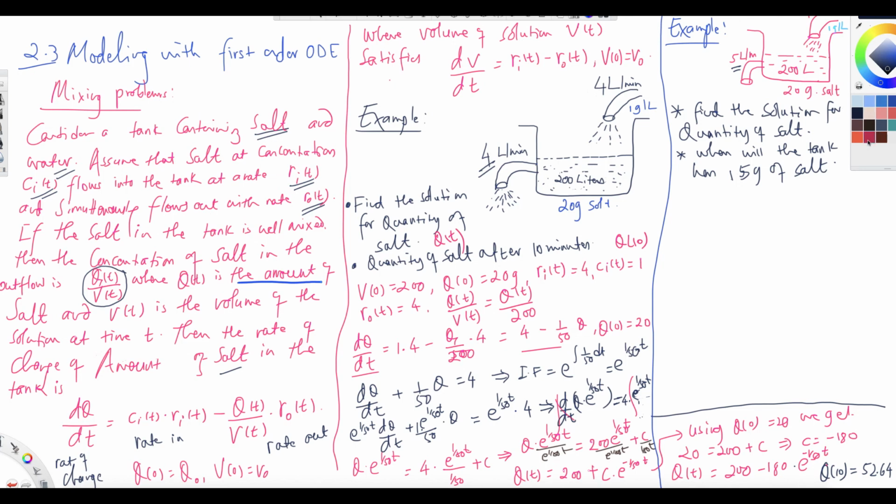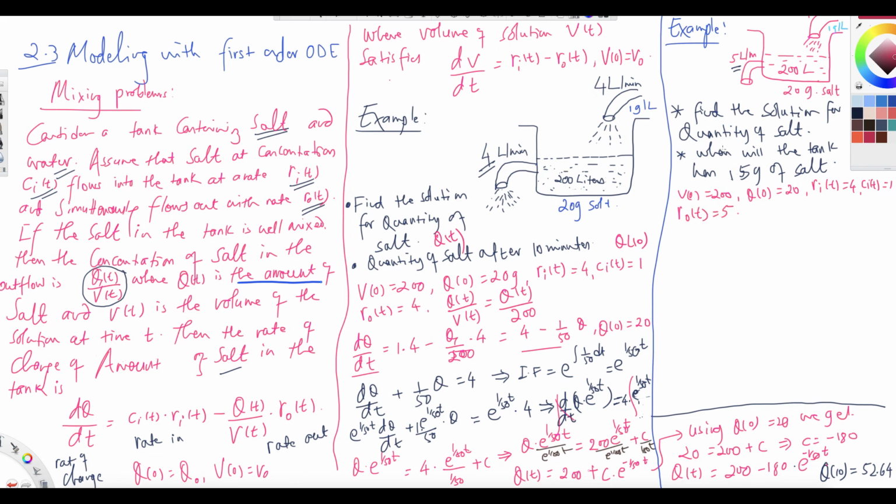So how do I do that? Exactly the same way. What is given is V0 is 200, Q0 is 20 grams, Ri equals 4, Ci equals 1, Ro equals 5, right?